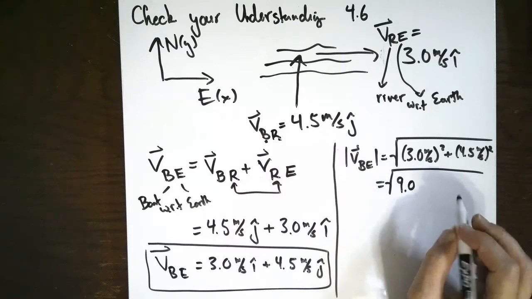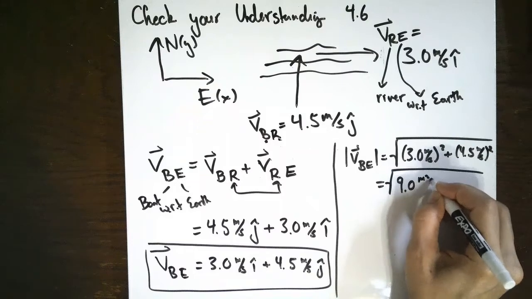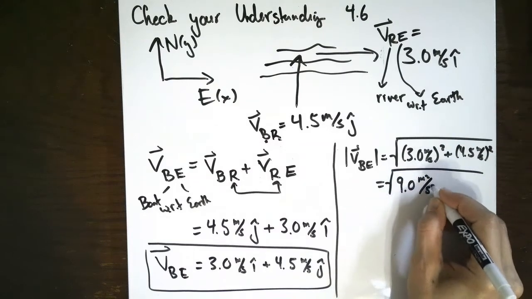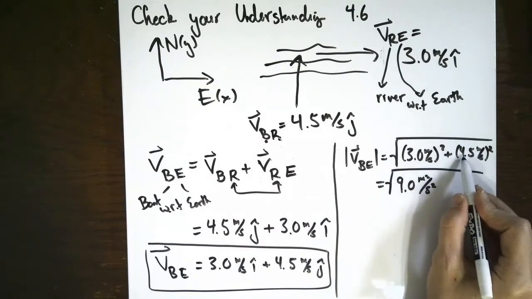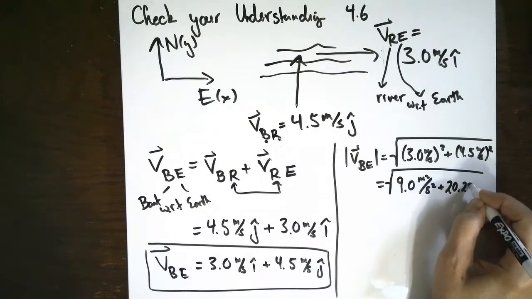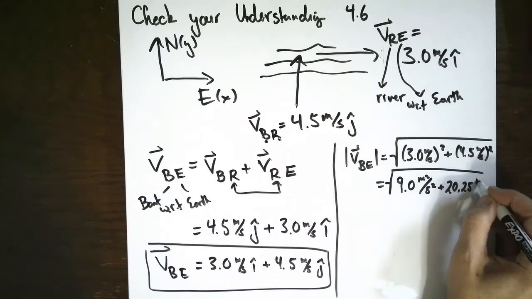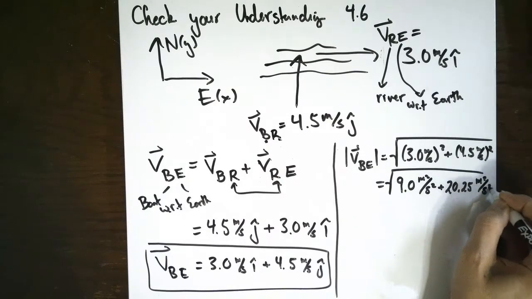I'll keep the units on just so we can get our sig figs later. Meters squared over seconds squared. 4.5 squared, that's 20 and a little bit extra, 20.25 meters squared over seconds squared.